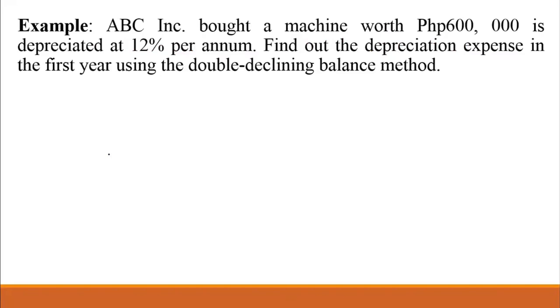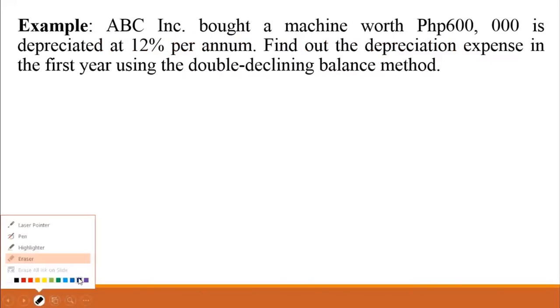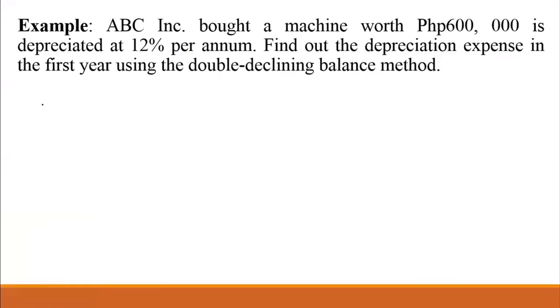So we have for the depreciation period. Wait lang. Okay, so we have here the formula for double declining in getting the depreciation for a period. Okay, so double declining, multiply it by 2.